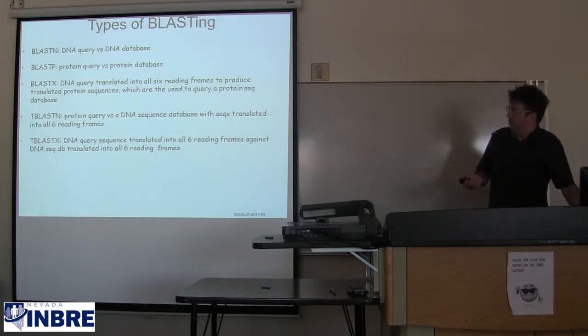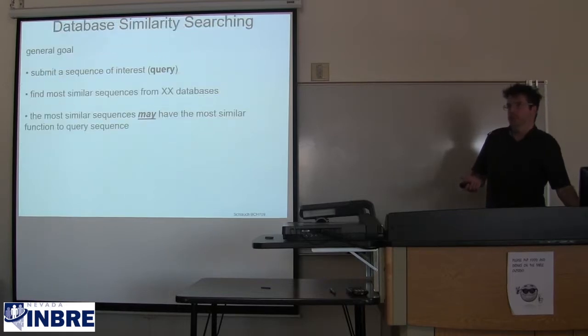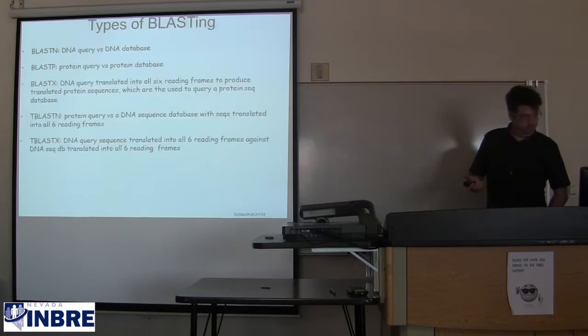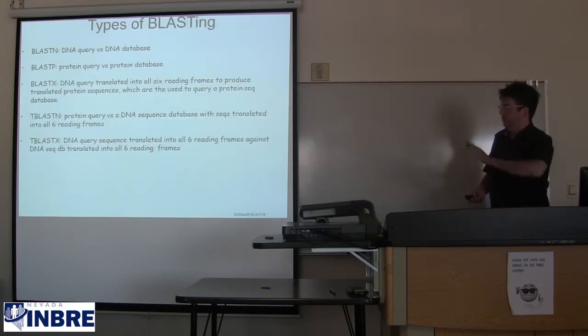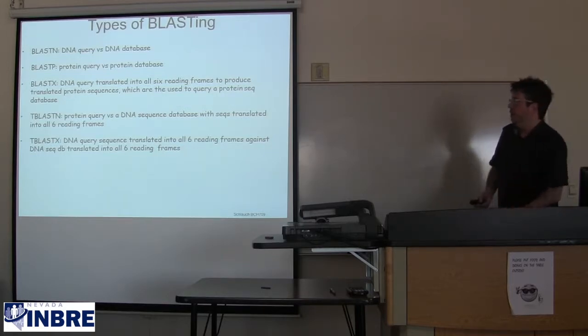TBLASTN is the inversion of that, where you have a protein query and you want to search a DNA database, such as a genomic database, and find the local alignments for that protein along the genome, with the 6 possible reading frames being translated in a local fashion.